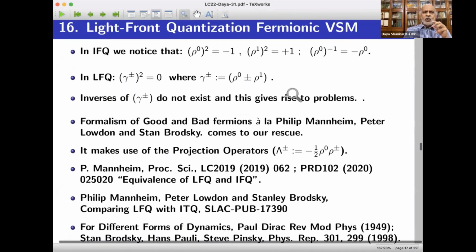But now for going to light-front quantization, I construct rho plus minus, which is rho 0 plus minus rho 1. By mistake I had written gamma, it should be rho. So rho plus minus square is 0, and therefore the inverses of these matrices do not exist.